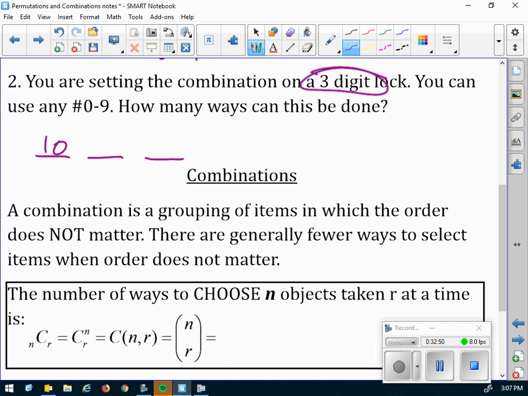Could the code for my lock be 222? Sure. So, how many? Not 10,000. A 1 with how many zeros? How would we set it up with a P? 10, taken 3 at a time.